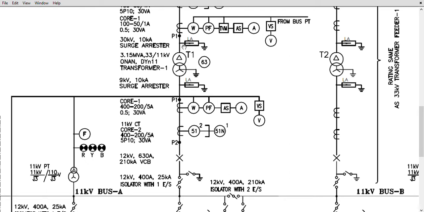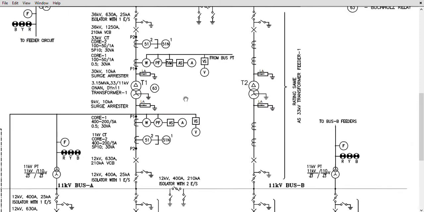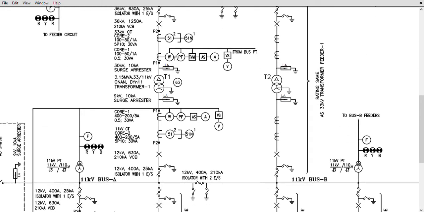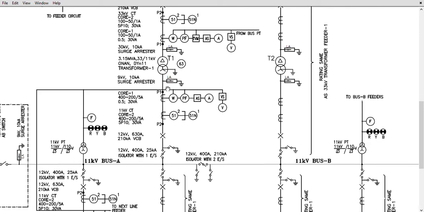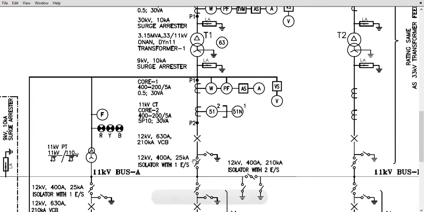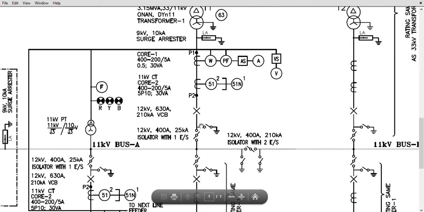In this case we are using this power transformer for step down purpose, which means our incoming supply is at 33 kV, and here we have a substation transformer, and we are stepping down to 11 kV. Here after 11 kV, again this bay, we call this bay the 11 kV transformer bay, or you can call it the 11 kV LV bay, right?